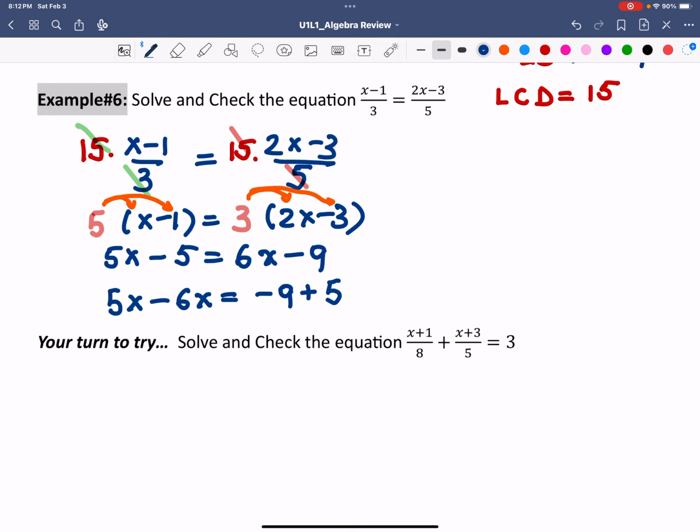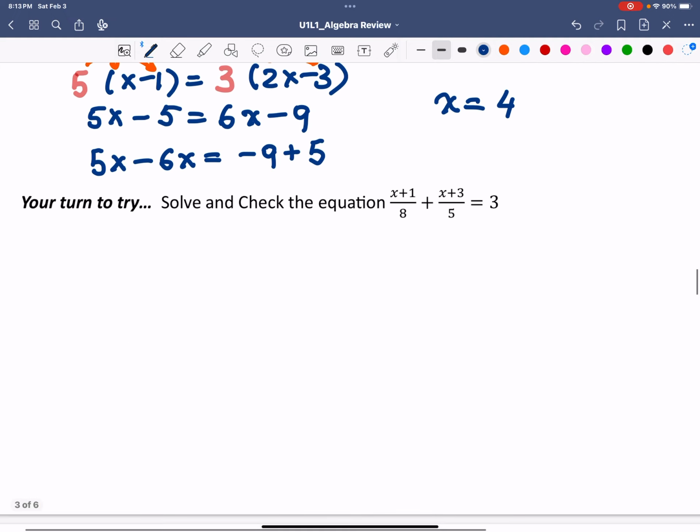So 5 minus 6 is negative 1x, negative 9 plus 5 is negative 4. Now see that x has a coefficient here. The coefficient is negative 1, so that means we're not done yet. So we have to divide both sides by negative 1. And voila, we got our answer, x equals 4.